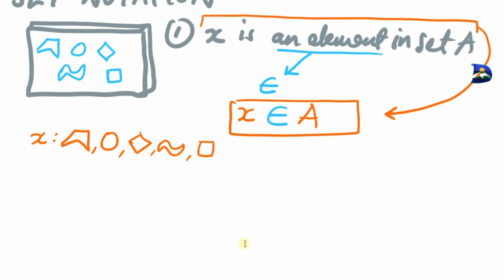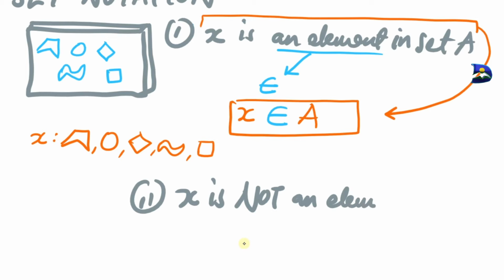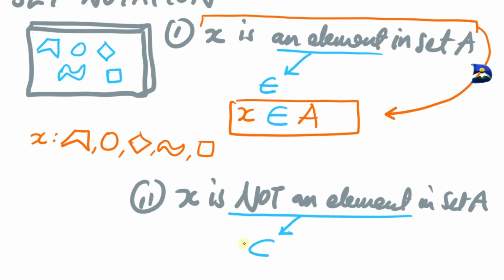Now, the opposite of this is where we have x is not an element in set A. What do you think the opposite of something will be symbolized as? Make your guesses, and you should come up with what I have right here, which is just a stroke line across the original true symbol.